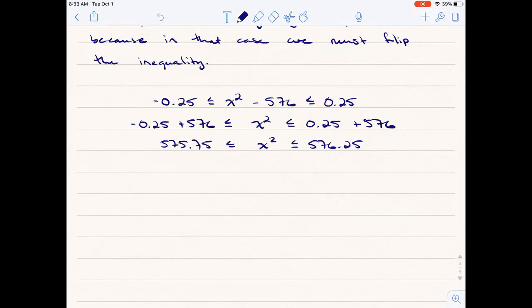Now, if we take the square root throughout, we get the square root of 575.75 is less than or equal to the square root of x squared, which is less than or equal to the square root of 576.25.